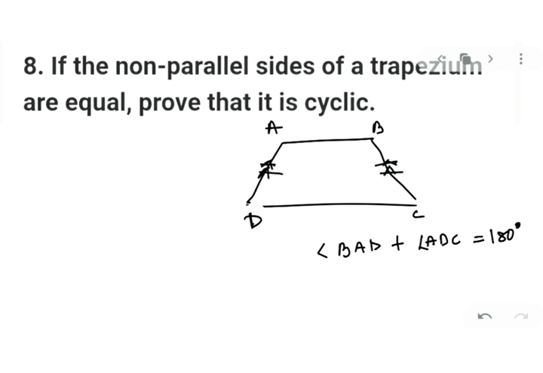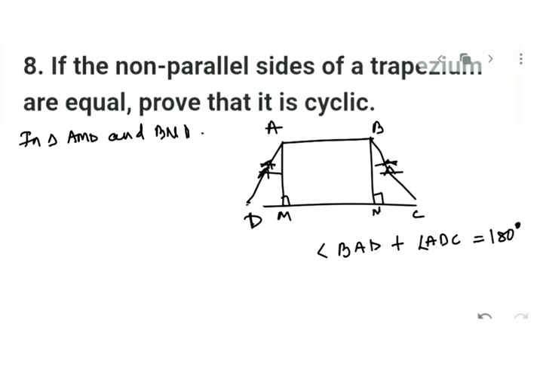Let's start. For that, I'll prefer to draw two perpendiculars from A to M and from B to N, perpendicular on DC. Now I'll take two triangles, one triangle as AMD and the other triangle as BNC.